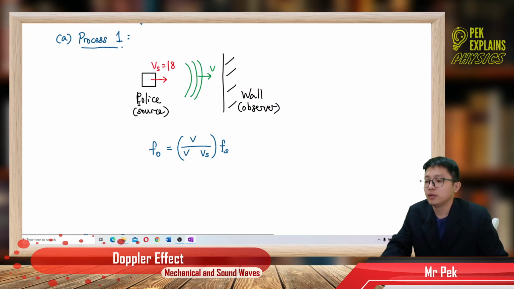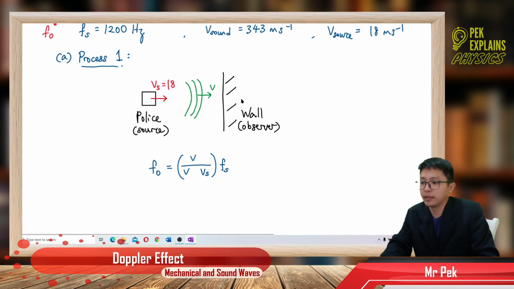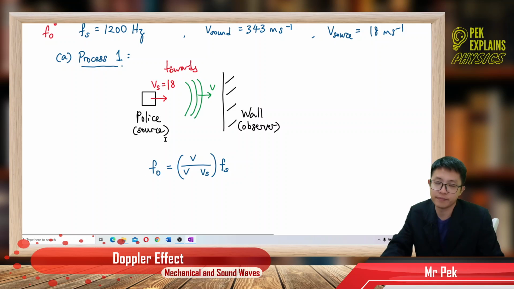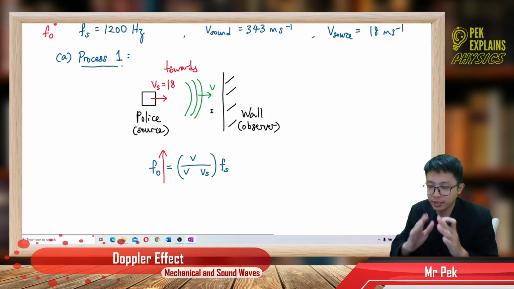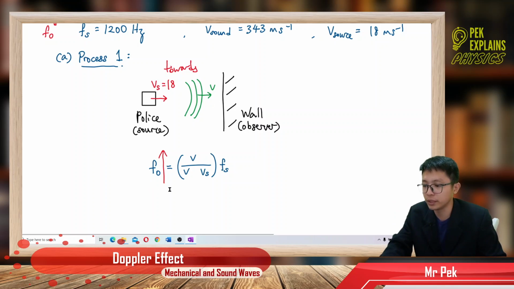The source is moving towards the observer. Do you expect the frequency to increase or decrease? Towards always means increase. It compresses the wave towards the wall, so the frequency will increase.